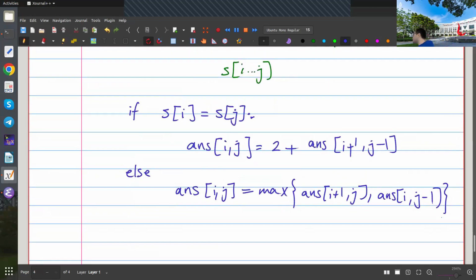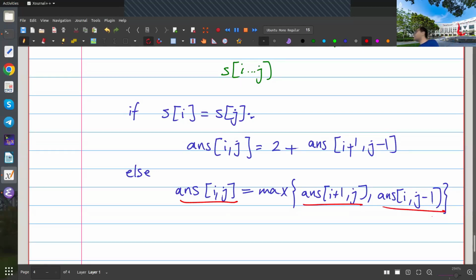But very interestingly, I have to be careful about the order in which I calculate my dynamic programming results, my results for my subproblems. Because remember, every time I'm calculating the answer for Ij, I need this one and this one to be already there.